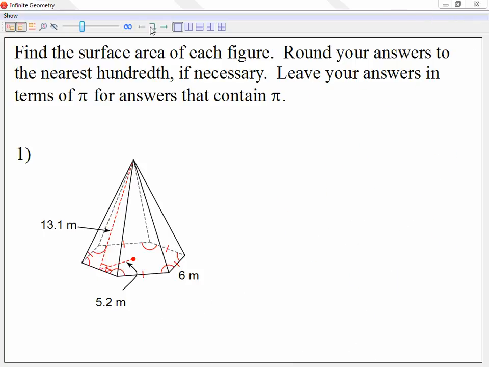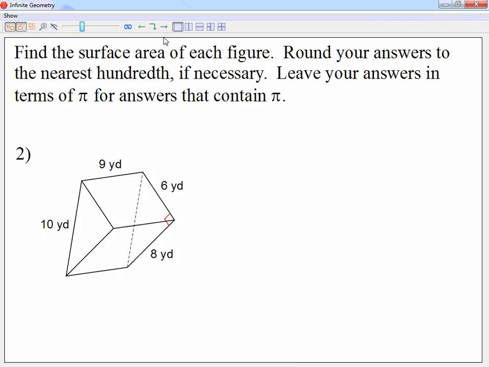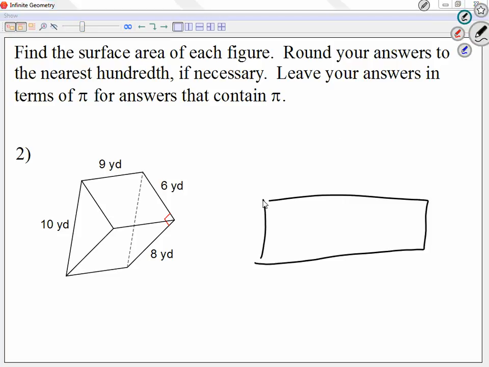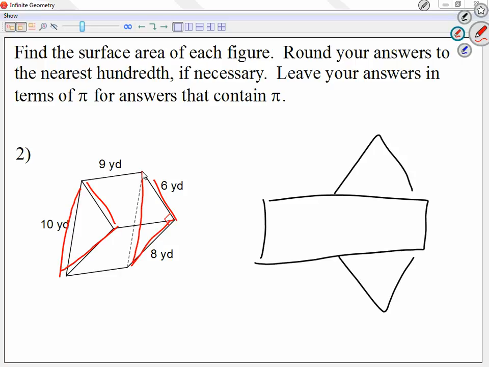Now, when we're looking at prisms, looking at number 2, I know prisms are a big rectangle and two bases. The shape of my base, in this case, is a triangle. You guys can see there's a triangle there, and there's another triangle there.